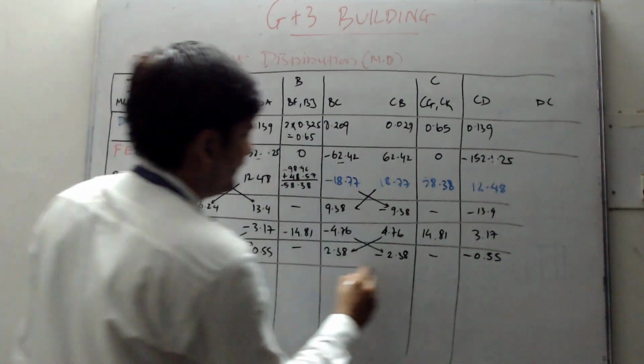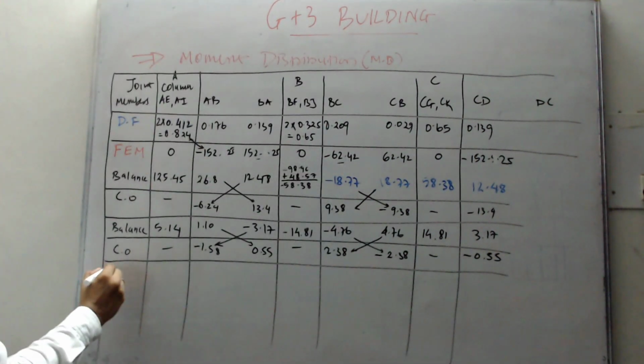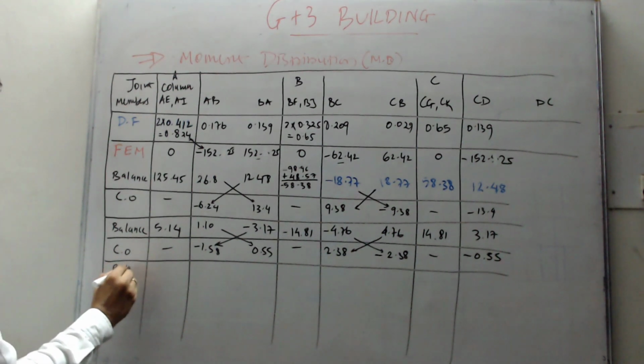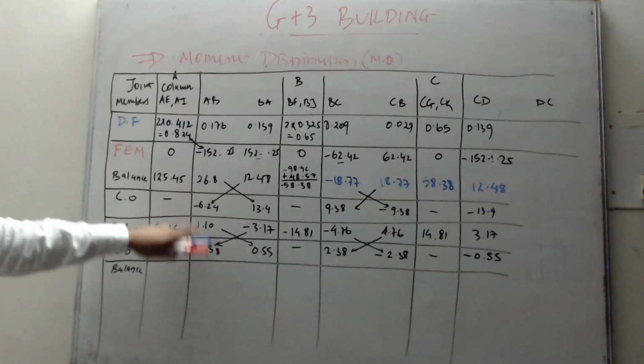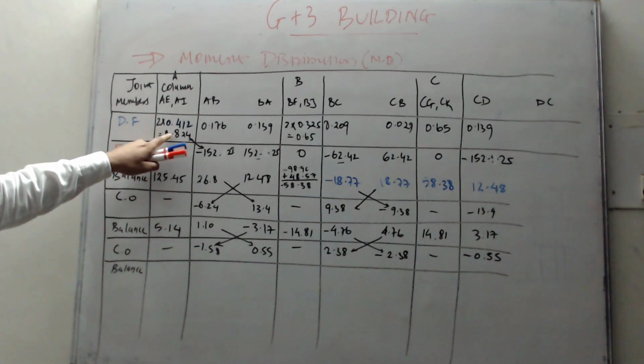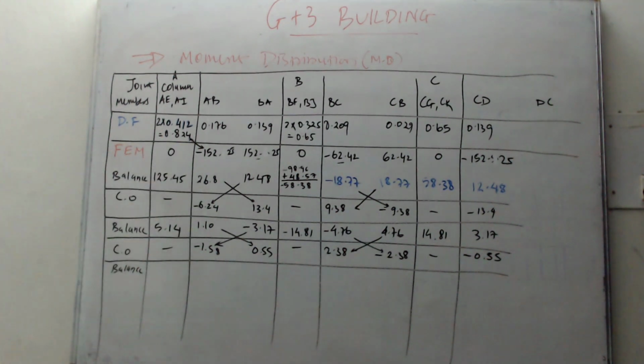Again one more cycle, I need to do the balance. So again same process, this multiplied by this 0.824. So 1.58 multiplied by 0.824 with opposite sign, that is 1.30.